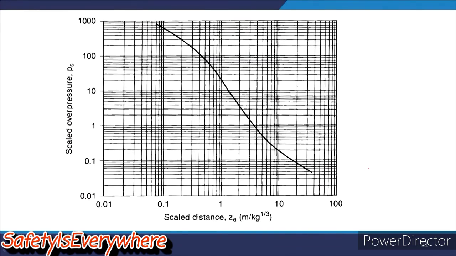For this problem, we need a graph which represents the scaled overpressure and the scaled distance, and this is a log graph. This plot is available in various handbooks for the design calculation of fire and explosion, so it is easily available.